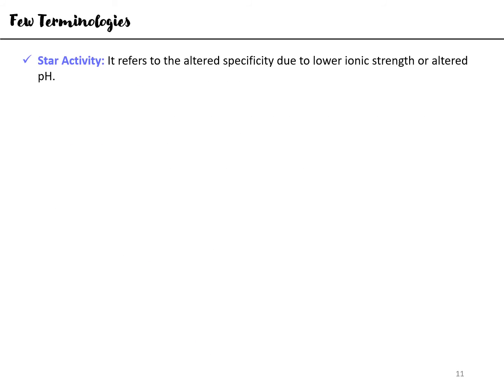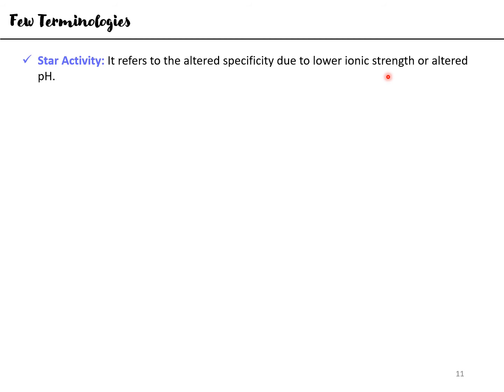Now, a couple of terminologies that we commonly encounter when dealing with restriction systems and restriction enzymes. The first one is star activity. It refers to the altered specificity of the restriction endonuclease due to lower ionic strength or altered pH. Generally restriction enzymes have very high specificity, but sometimes if there is an alteration of the pH or of the ionic strength, then this can lead to altered specificity.